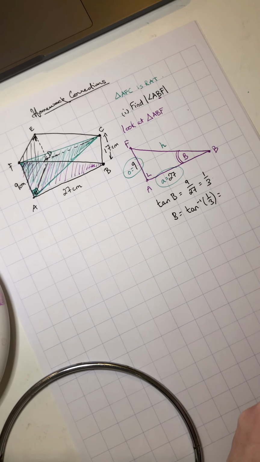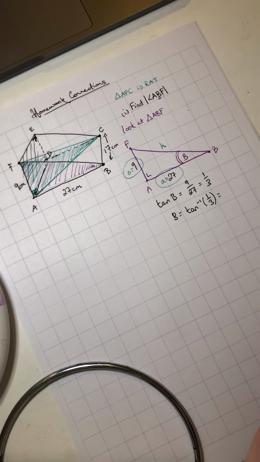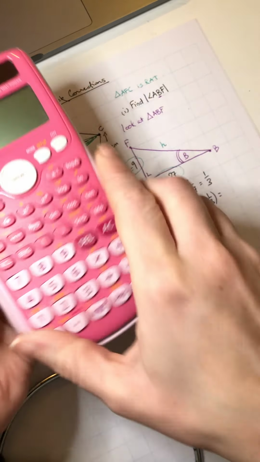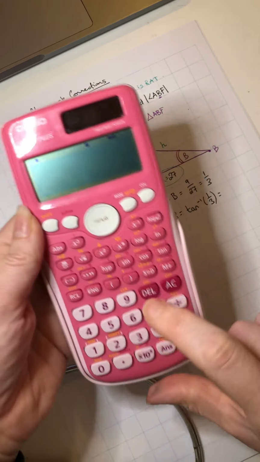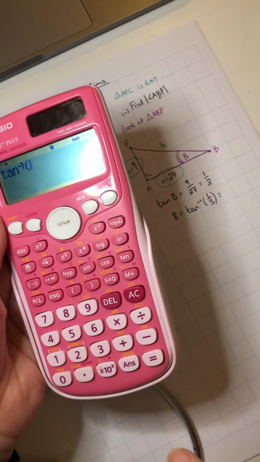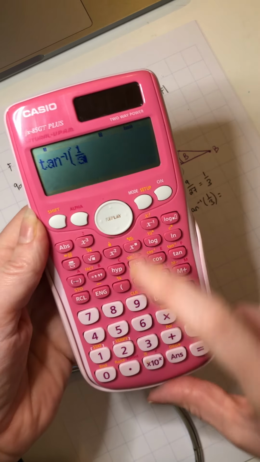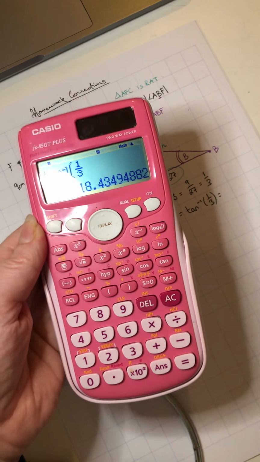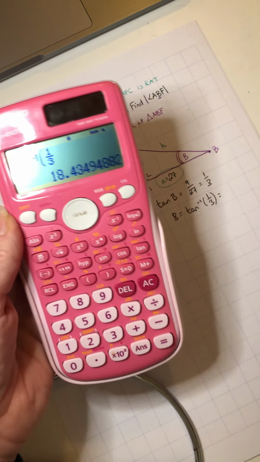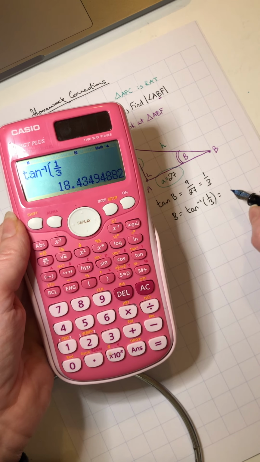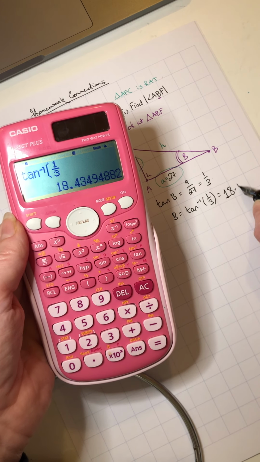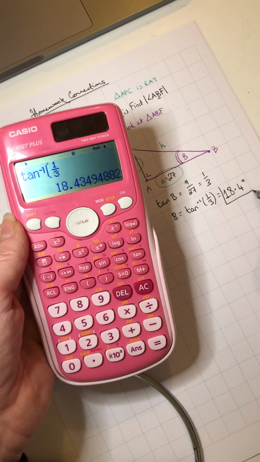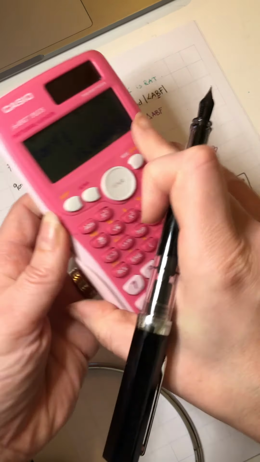It says give each answer correct to 1 decimal place. So into my calculator I type tan inverse of 1 over 3, and that is 18.43 or 18.4 to 1 decimal place, 18.4 degrees. And that's the answer to part 1.